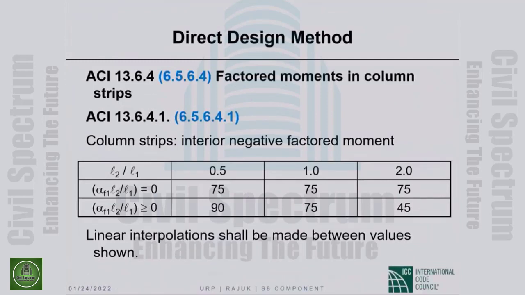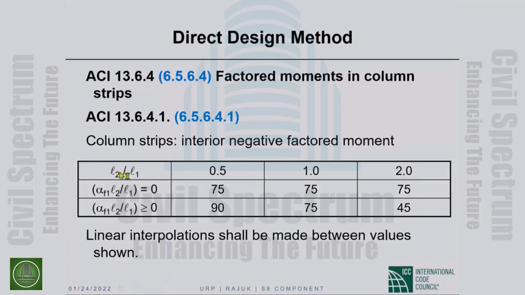Interior negative factored moment. How much of that goes to the column strip is what this table is telling us. Of the total interior negative factored moment over the entire panel width, how much of it goes to the column strip?